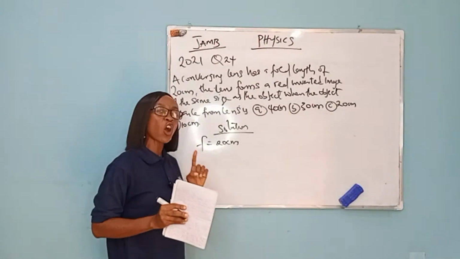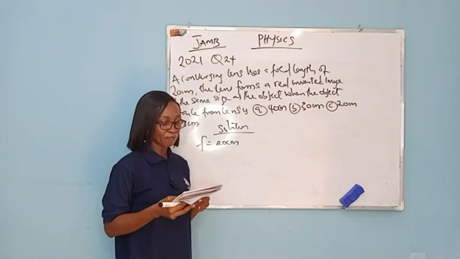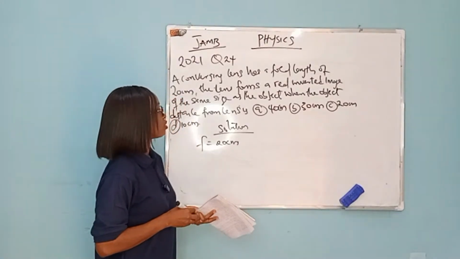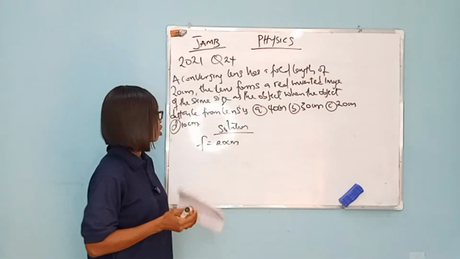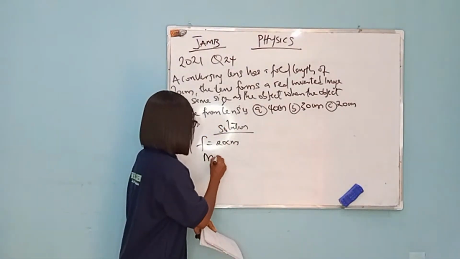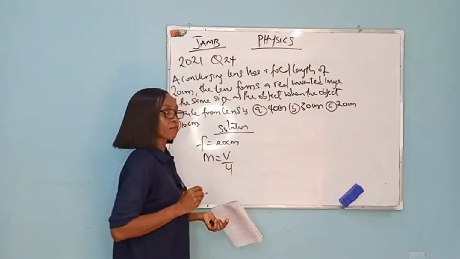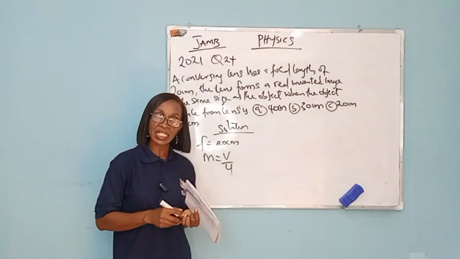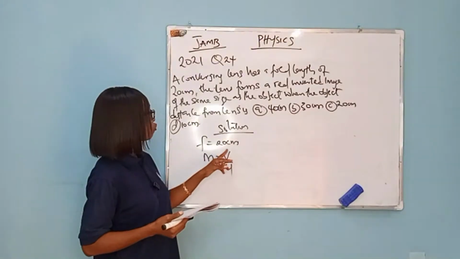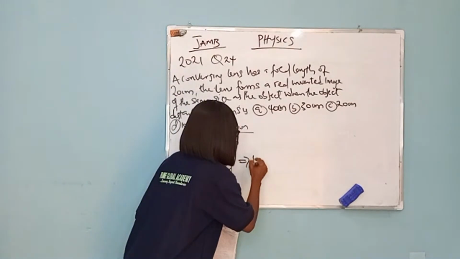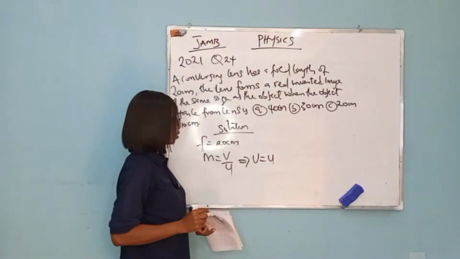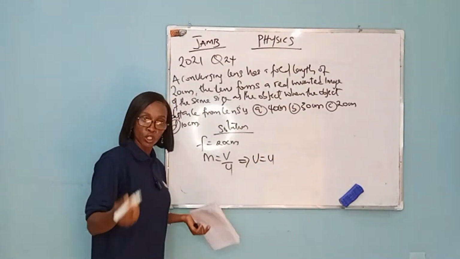It means that we are dealing with magnification. So M is equal to V over U, and this is the formula for magnification of a lens. Where your U is equal to V.